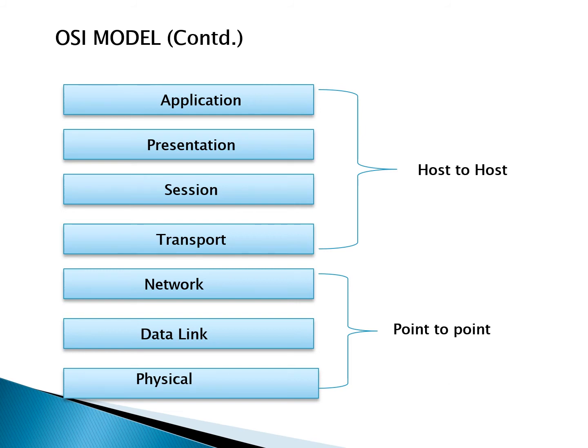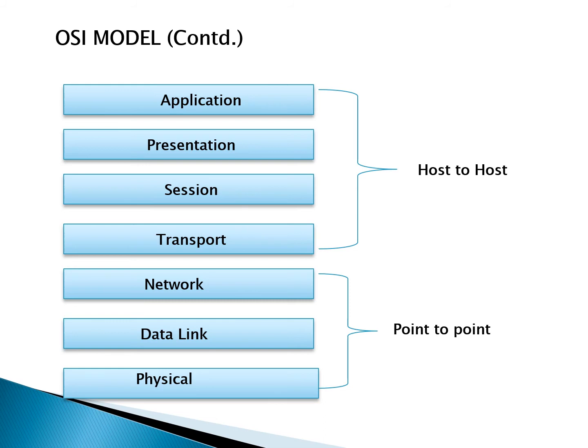This slide shows the 7 layers of the OSI model. Starting from the lowest layer, the physical layer, then data link layer, network layer, transport layer, then session layer, presentation layer, and the topmost layer is the application layer.